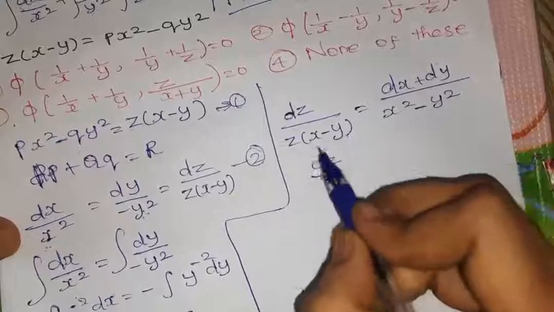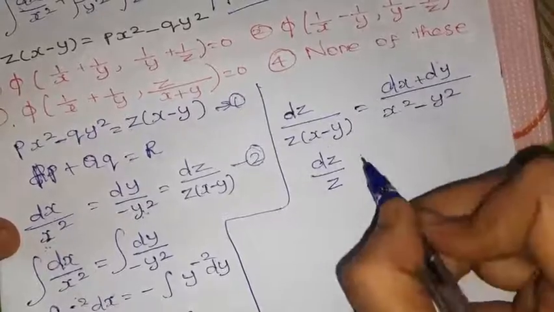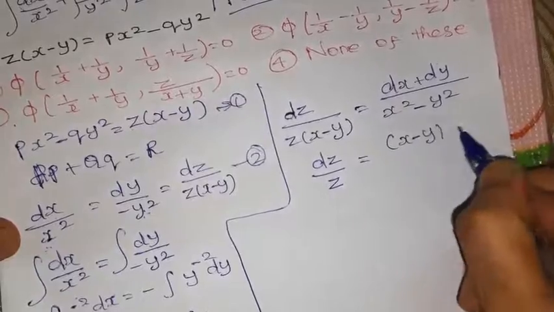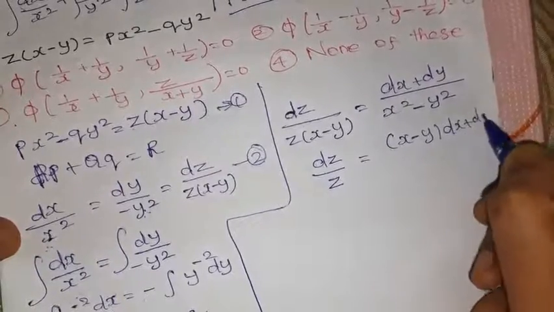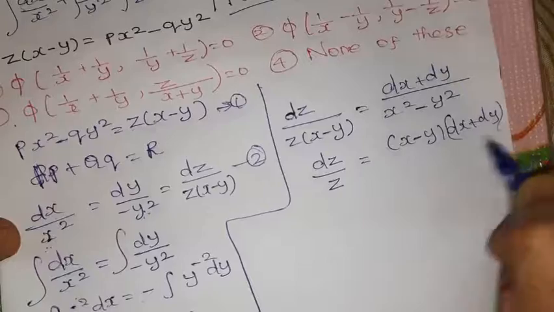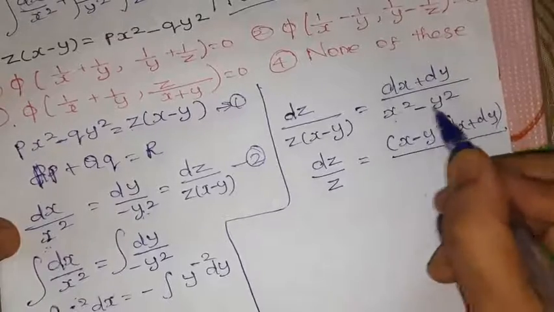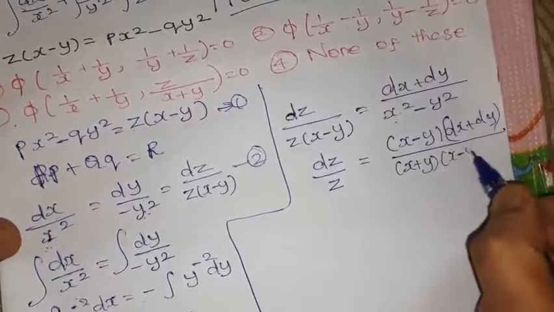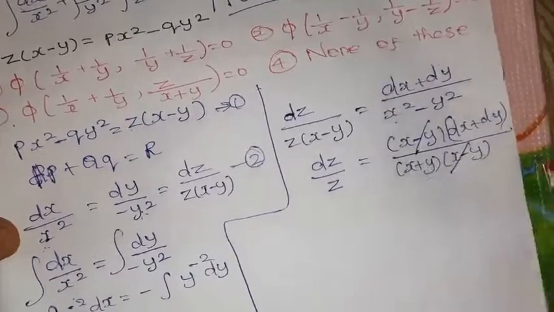Take this, which is a function of x and y, to that side: x minus y into dx plus dy, divided by x squared minus y squared, which we can write as x plus y into x minus y. So these get cancelled.